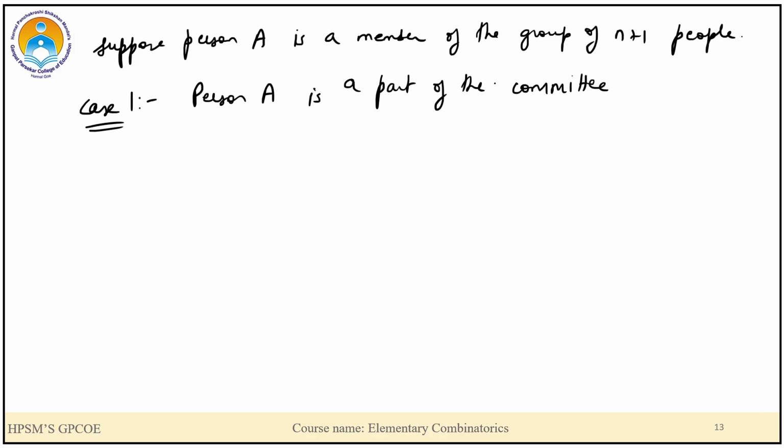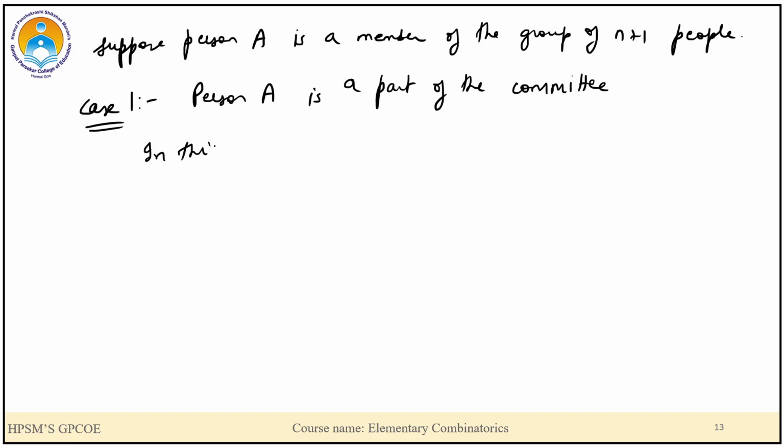If person A is a part of the committee, that means one position out of those k plus 1 positions is fixed. It's gone to person A. I can't do anything about it. I need to now choose k more people because I have to form a committee of k plus 1. I need to choose k more people from a group of n people. I have n remaining people, I have to choose k more.